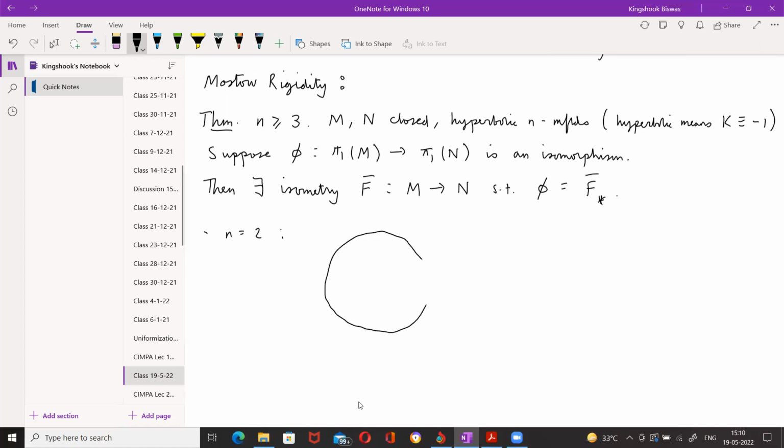They're quotients of the hyperbolic plane. So for example, if I want to get a closed hyperbolic surface of genus 2, how do I do it? Well, you know what to do. You can write this as the quotient of an octagon, right? Basically, you cut along curves like this.